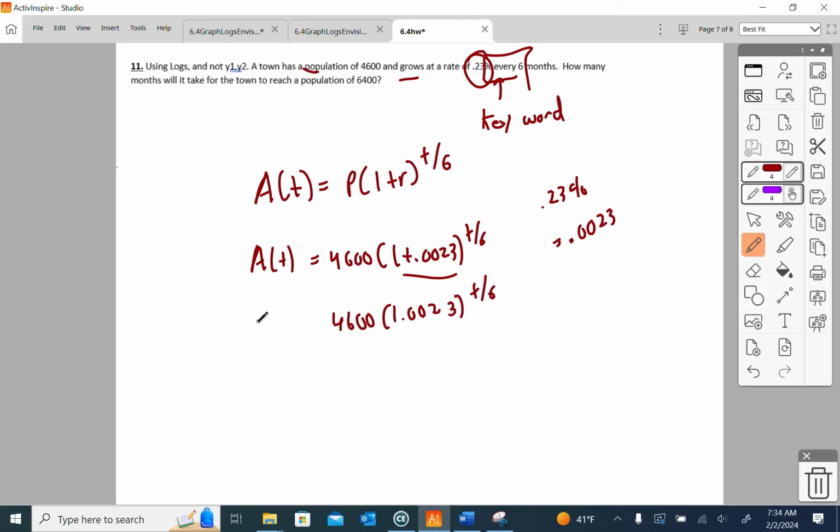And I have a model. After time, that's the population of the town. I want to know when I reach 6,400. So I'm going to plug that 6,400 into the left-hand side. It's an amount.